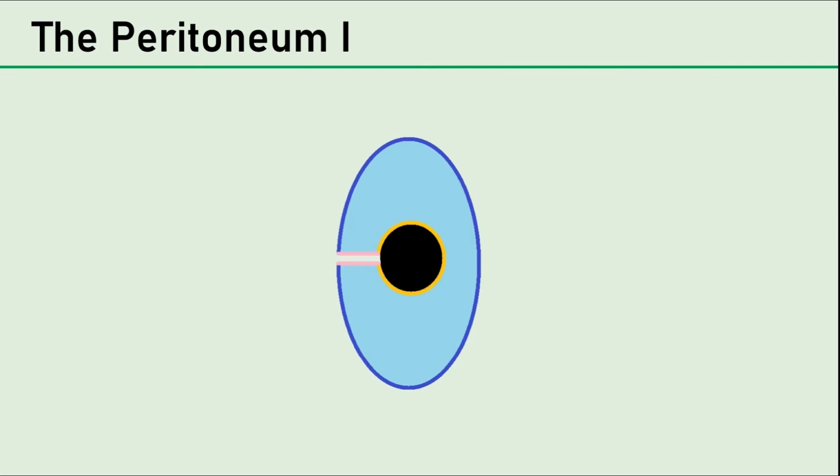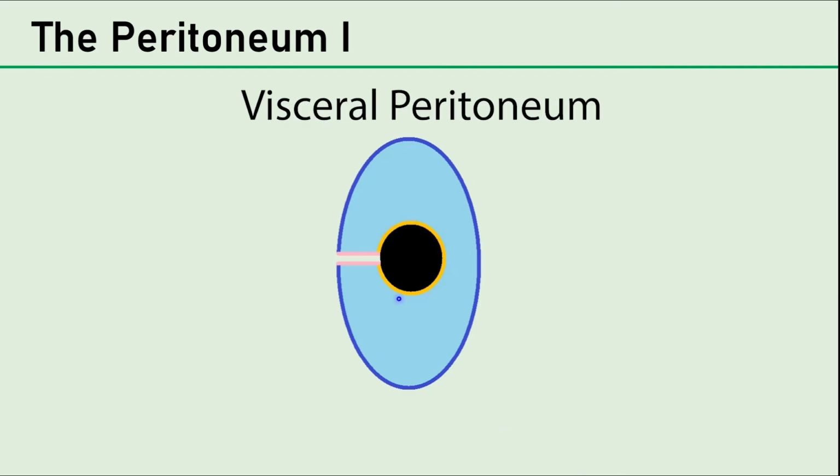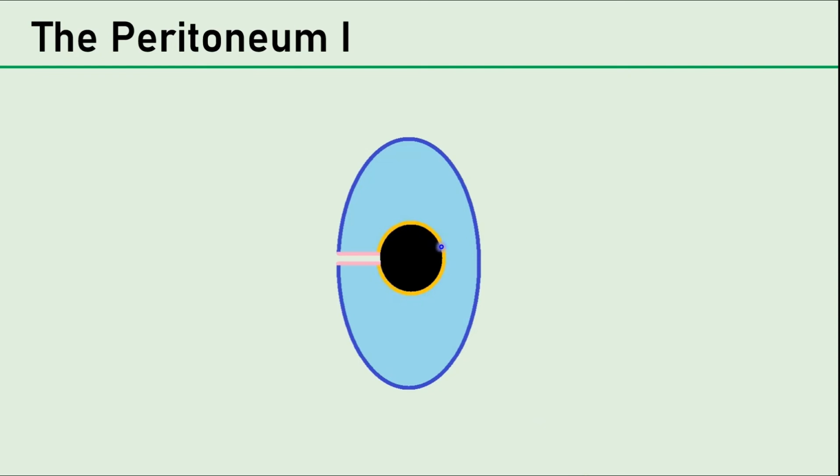So if we have a look here, I've coloured each different bit in a different colour. So we have peritoneum that is wrapped around the organ. This is called visceral peritoneum because we describe all of our organs as viscera. So this is visceral peritoneum in yellow.